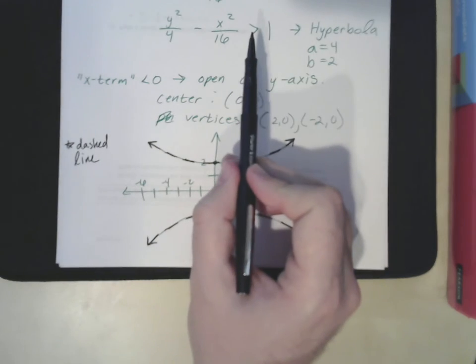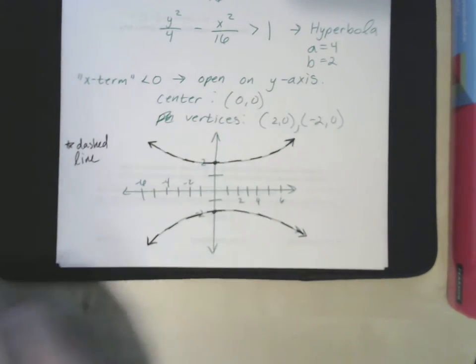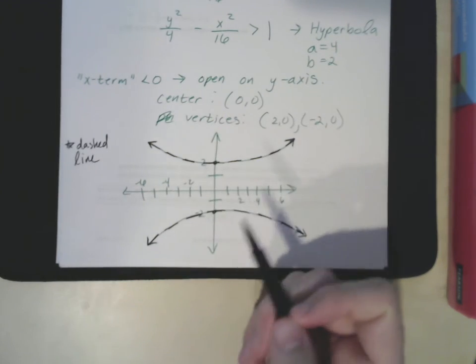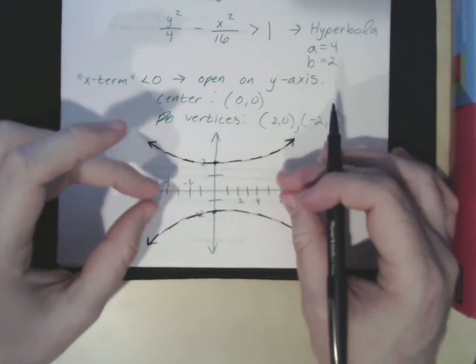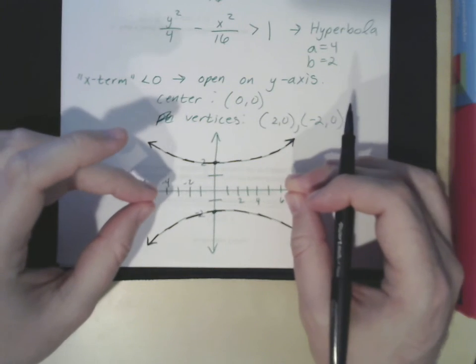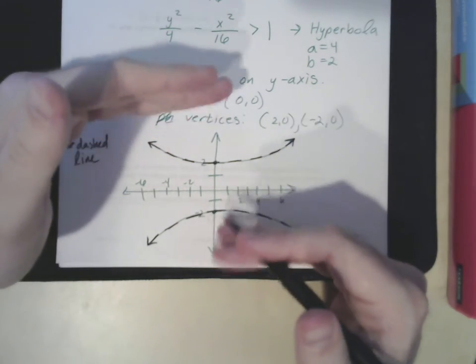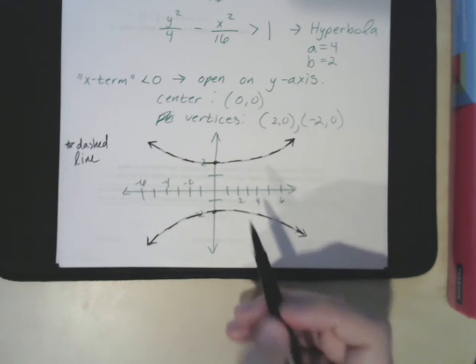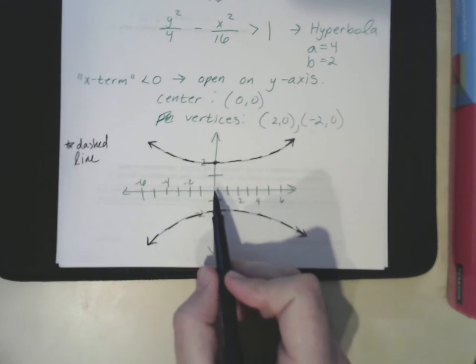So now we're looking at a greater than. And I said in the last example, we look inside or outside. Well, inside the hyperbola is in between the points, and outside the hyperbola is above and below. So if you're ever not sure, just pick one point to check.